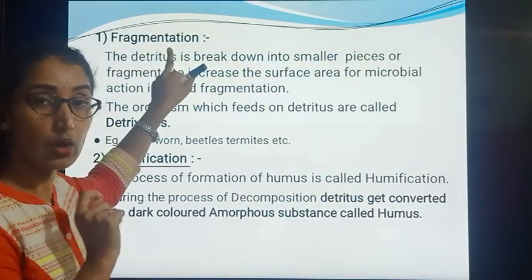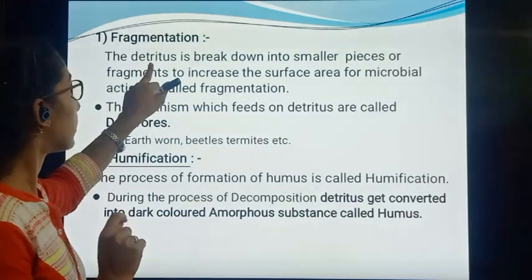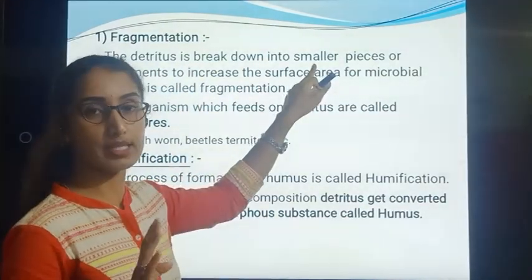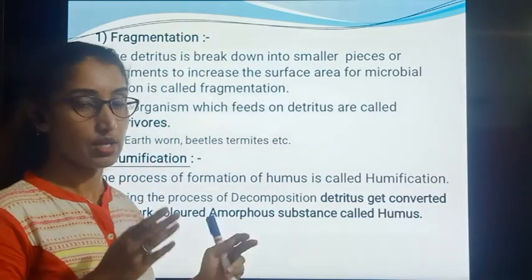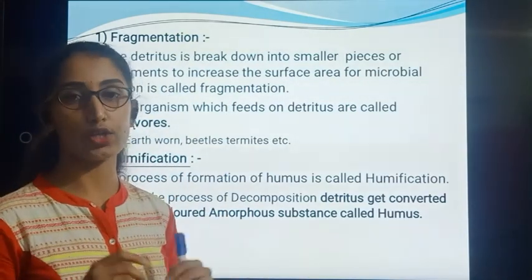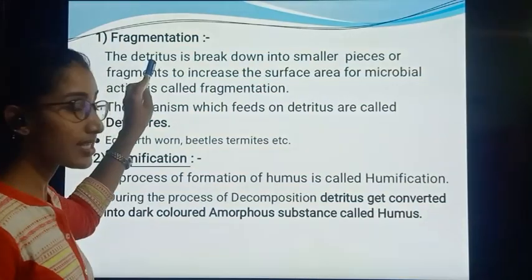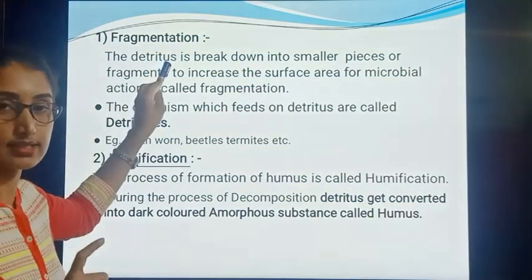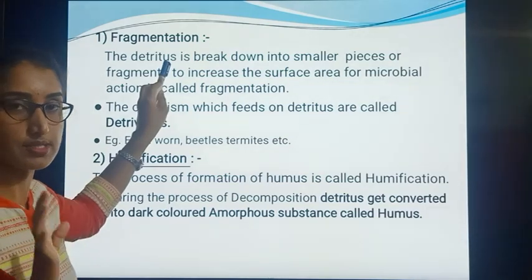Fragmentation, how is it happening here? The detritus is broken down into smaller pieces. That is what fragmentation is. Fragmentation means breakdown into pieces. Here what is breaking down? Detritus is breaking down. Detritus is nothing but the organic substance.